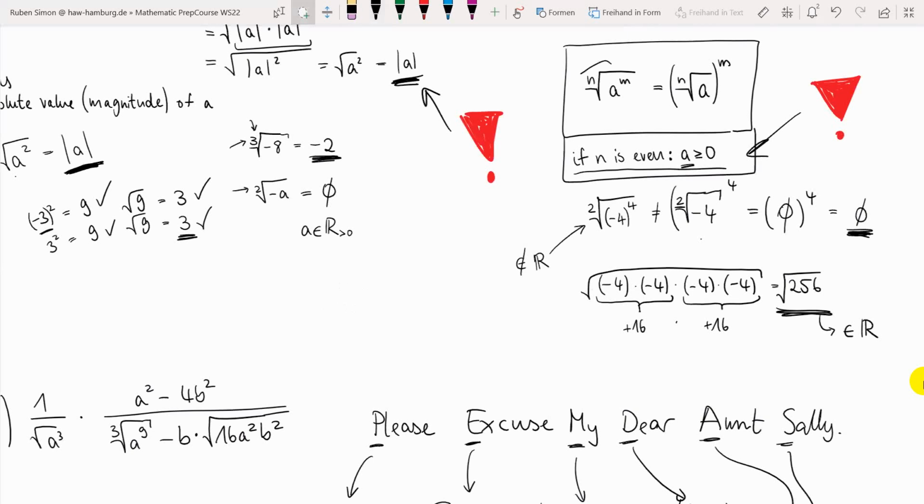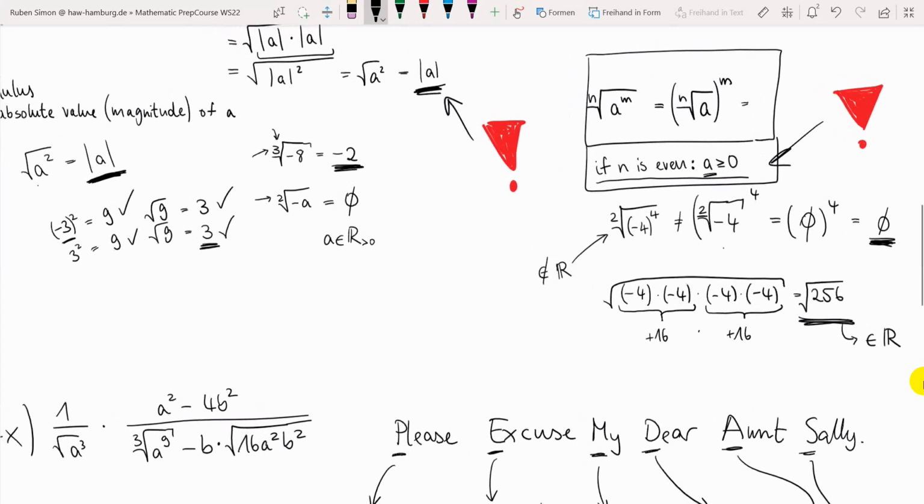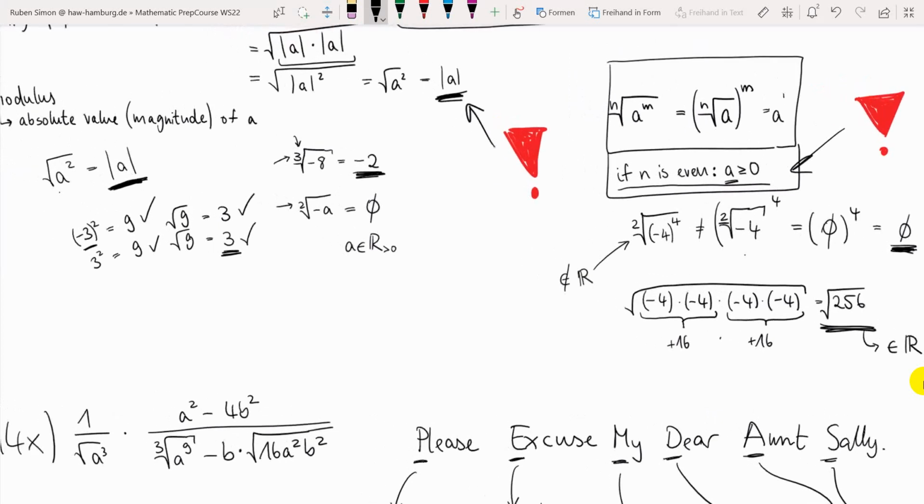It's getting slower and slower again. So this could also be written as, does anybody know? Anyone? If you want to rewrite this root term as an exponentiation term, you can do so by writing a to the power of a fraction, which is m divided by n.